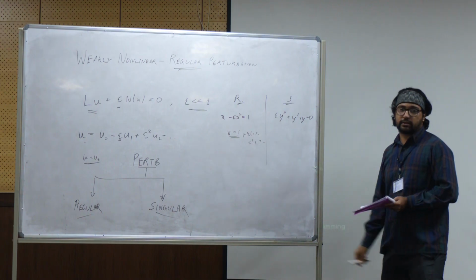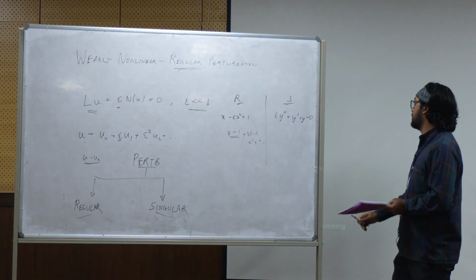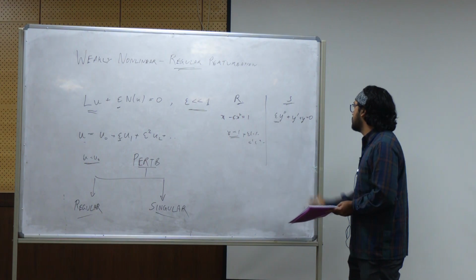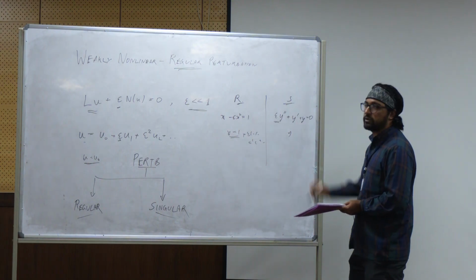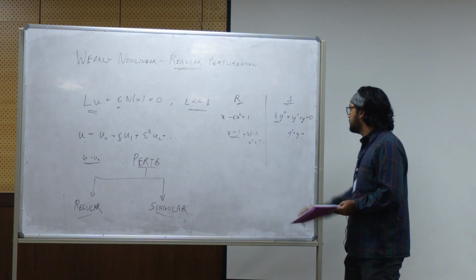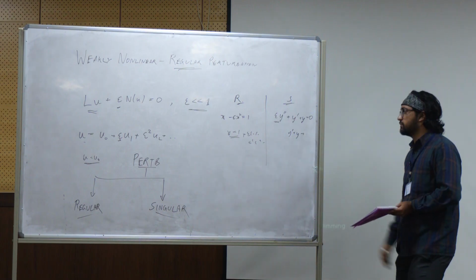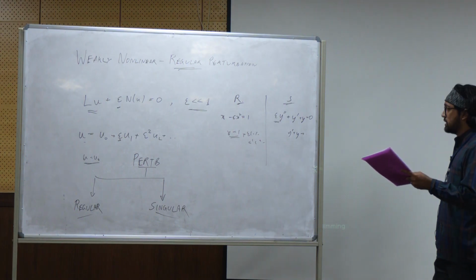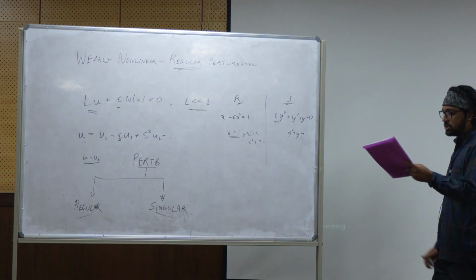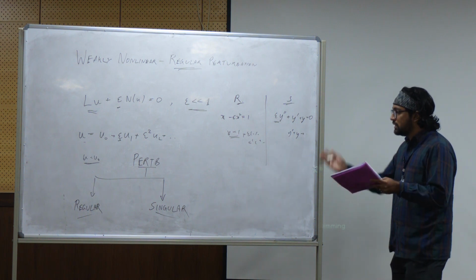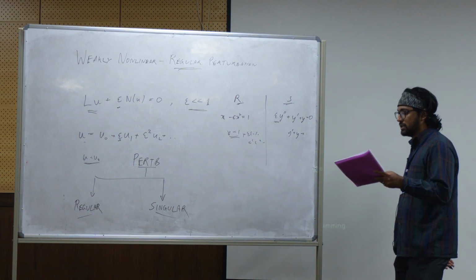Whereas you don't have that case in a singular perturbation technique, because when you set epsilon equal to 0, what you arrive at is not the second order differential equation but the first order differential equation, which is different. The nature of the solution itself is different compared to the second order. So in regular perturbation techniques, the solution converges uniformly to the linear solution when epsilon tends to 0.